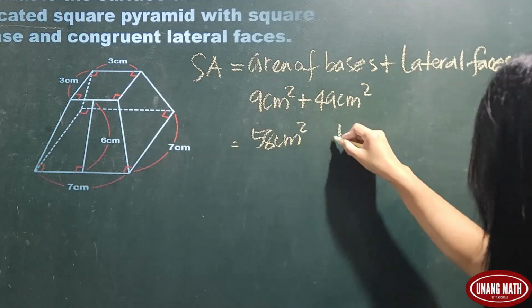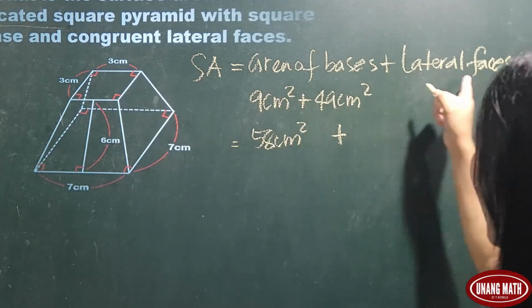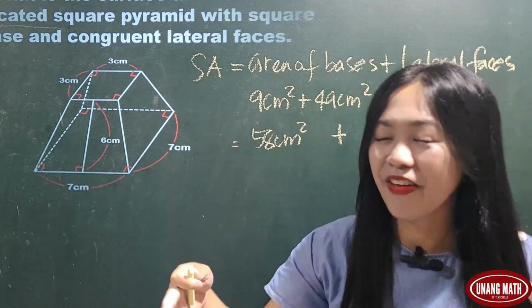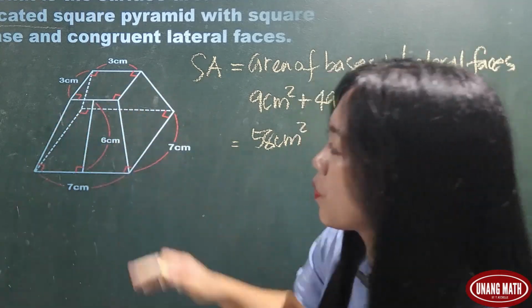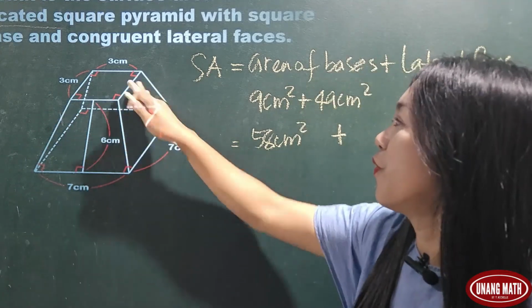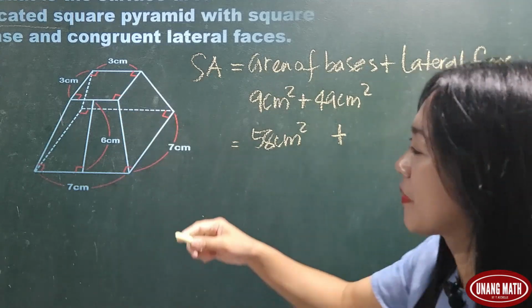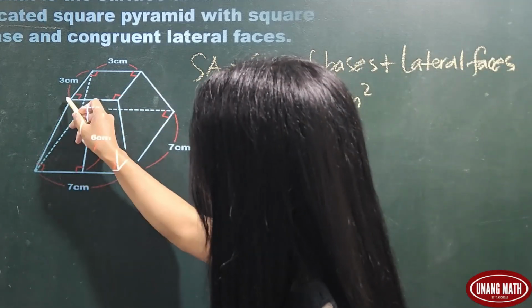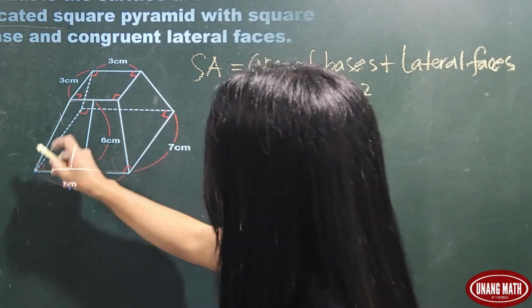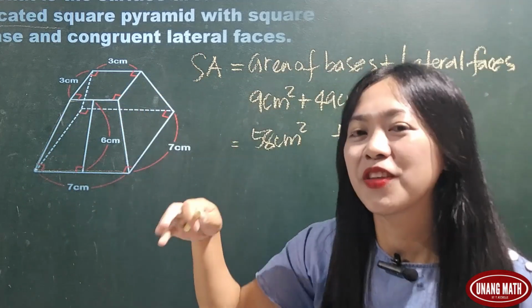This time, we have to get the area of one lateral face and then later multiply this by 4 because there are 4 congruent lateral faces. The lateral face of a truncated square pyramid is a trapezoid.